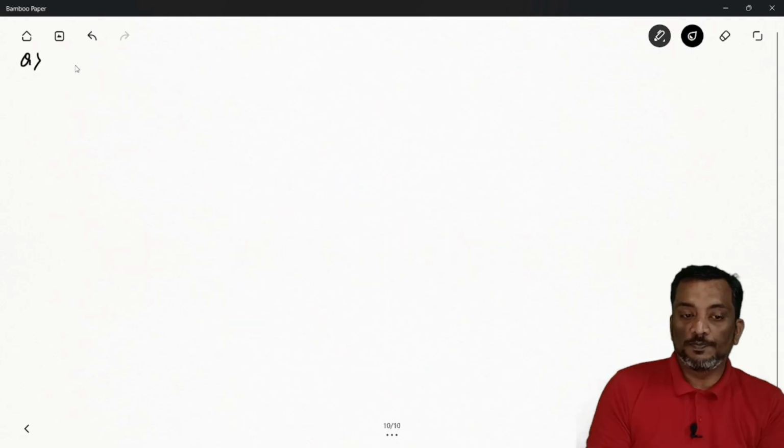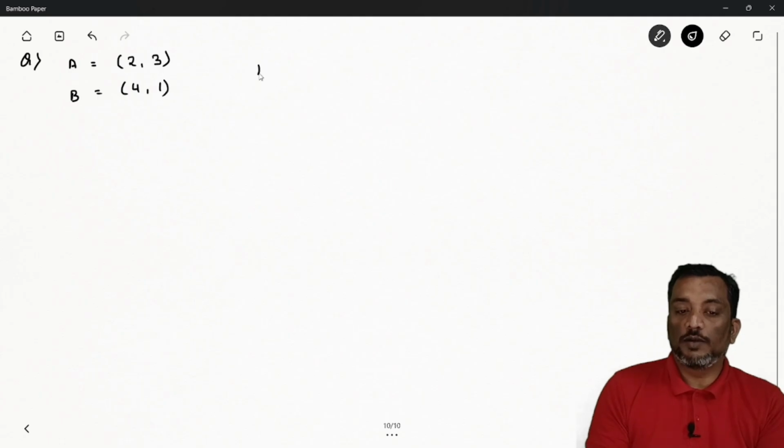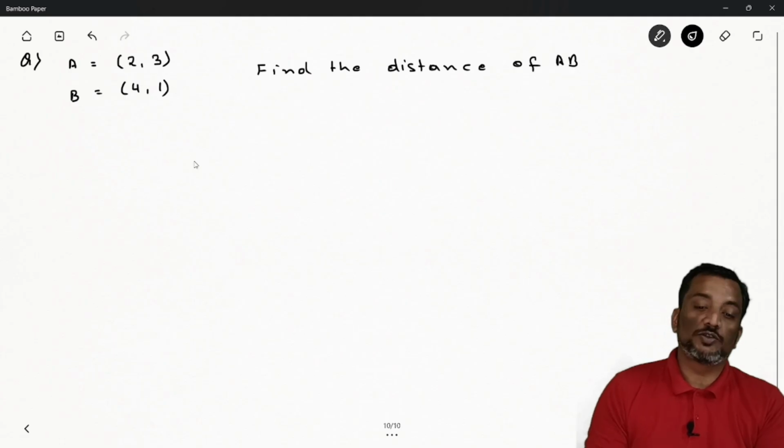I'm giving one question. You can solve this question, and whoever solves it correctly can put their answer in the comments, and I will give a heart to the correct answer. So the question is that I have one point A, and the A coordinate is given as (2, 3), and the B coordinate is given as (4, 1). So you have to find the distance of AB based on the distance formula.